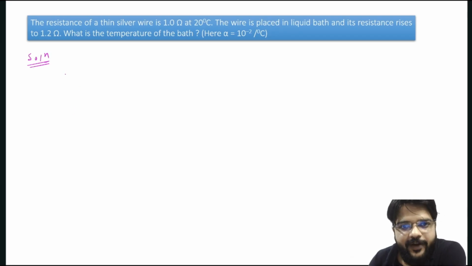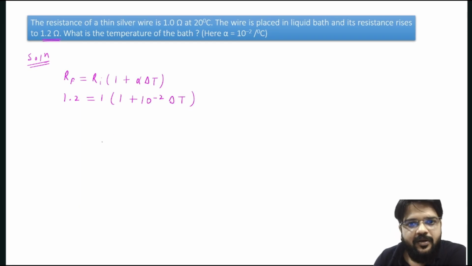We know that the final resistance can be written as initial resistance (1 plus alpha delta T). This formula we know, correct? So what is the final resistance? It is 1.2. And the initial resistance is 1 ohm. And alpha is 10 raised to minus 2, times delta T. Now if you simplify this, 1.2 divided by 1 is 1.2, minus 1 is 0.2.